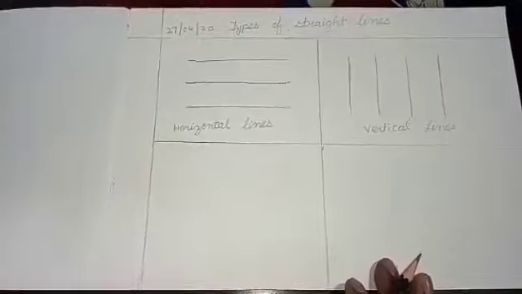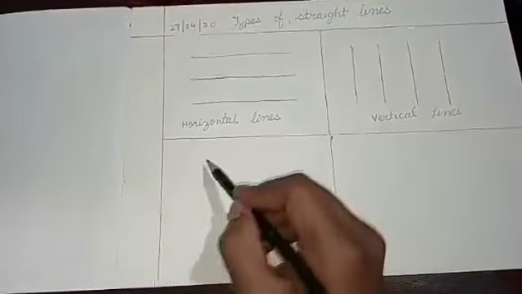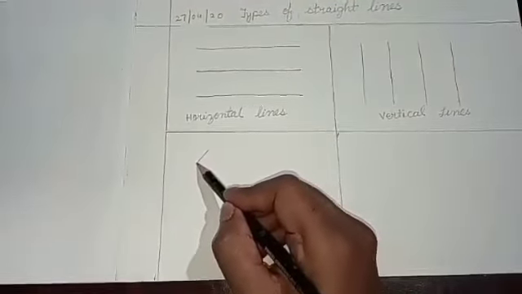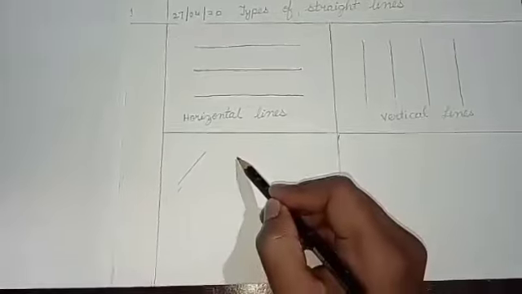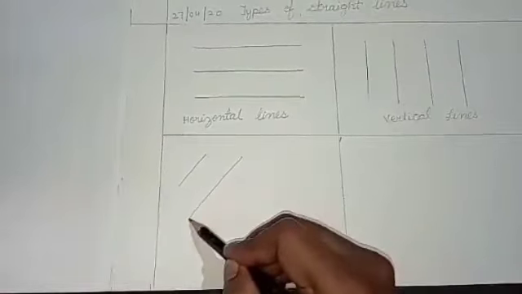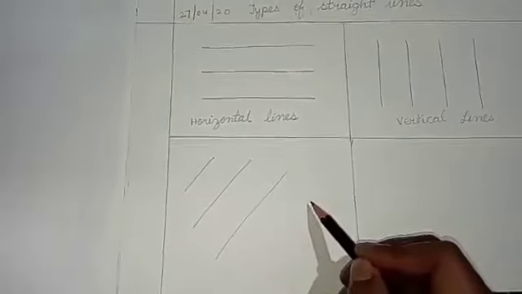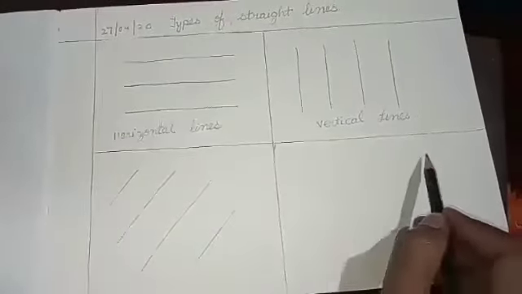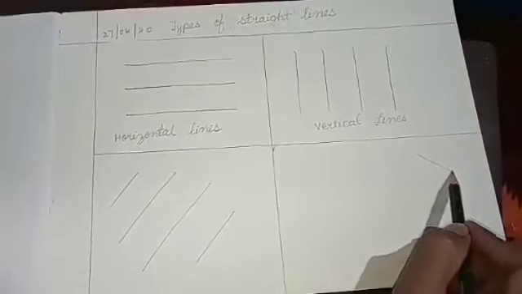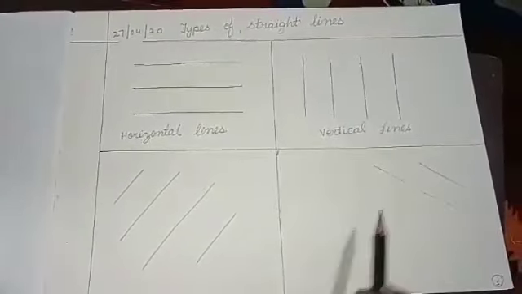We will learn two types of slanting lines. We have to draw here like this. Again we will repeat it like this. Okay, now we'll move to another one. You have to draw like this. Again you have to repeat it like this.